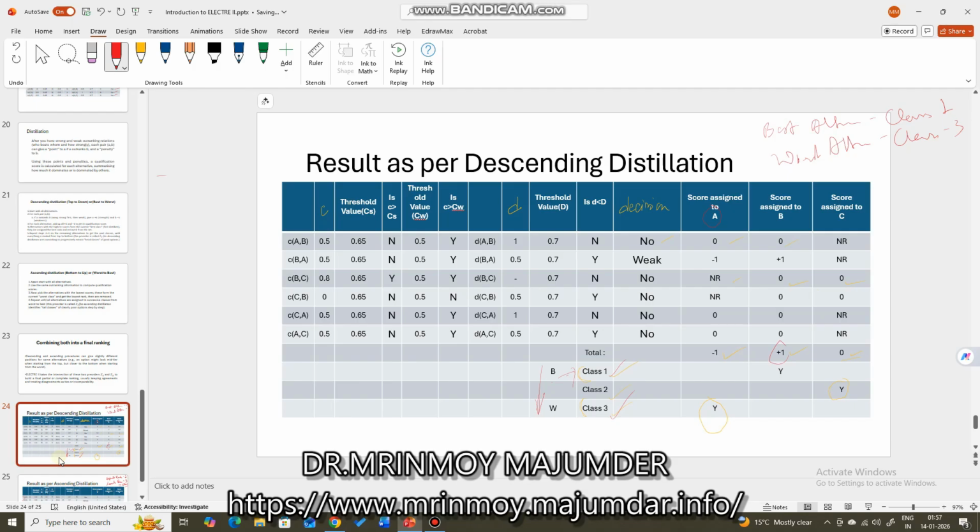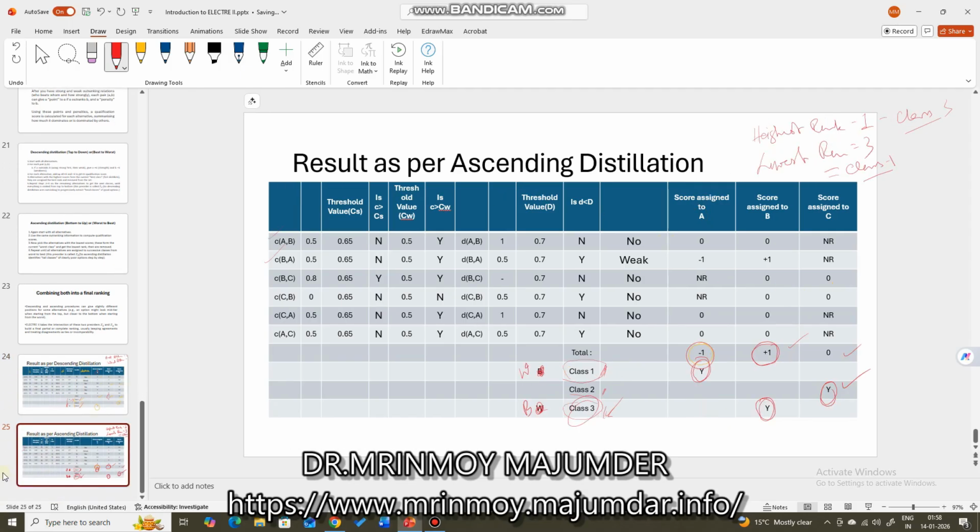That means we assign the highest scored alternative to the best class and the lowest scored alternative to the worst class, and all other alternatives stay in between. This is descending. For ascending, we assign the best class to the lowest scored alternative and the worst class to the highest scored alternative.